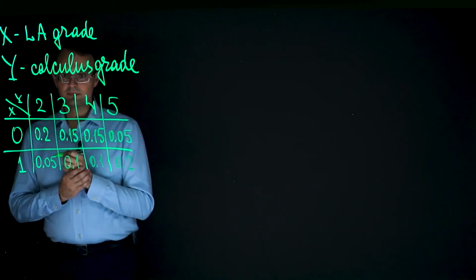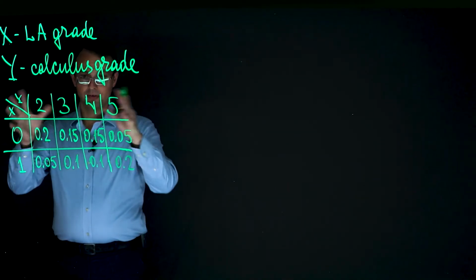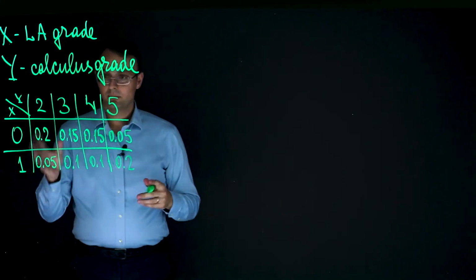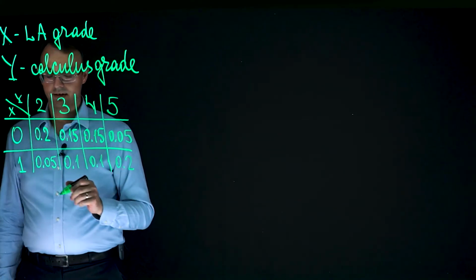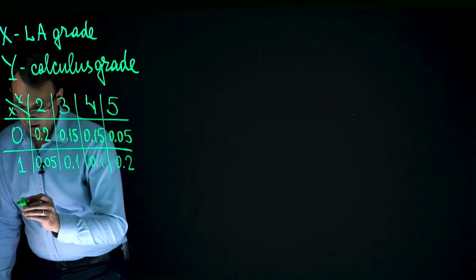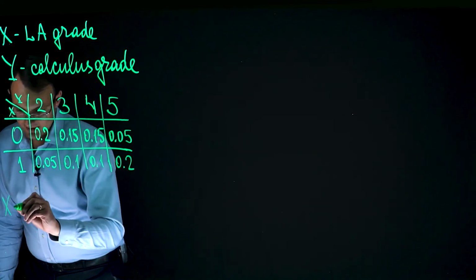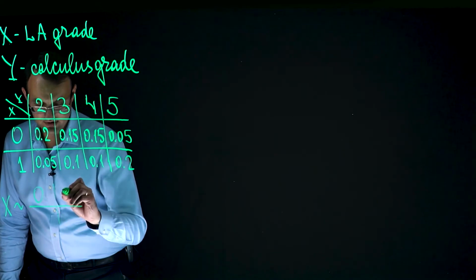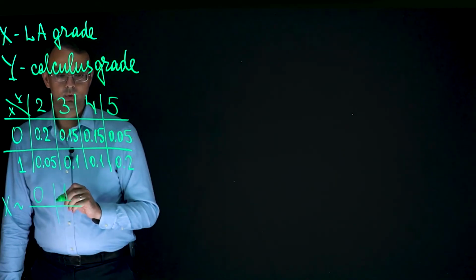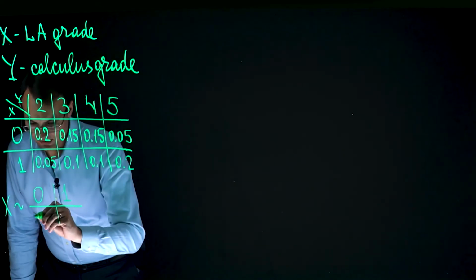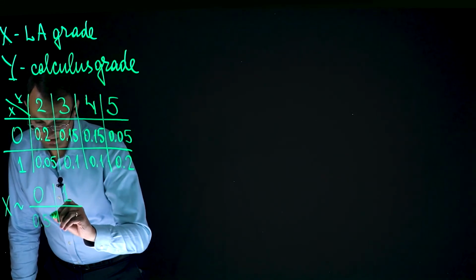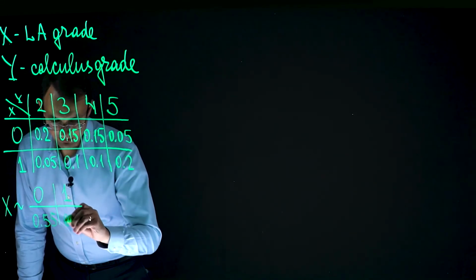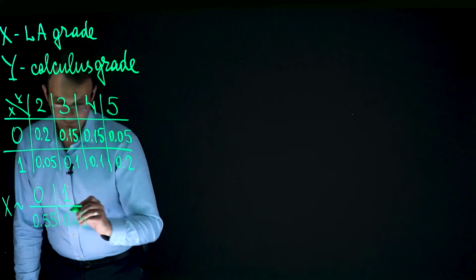So, using this table, we can find the marginal distributions of x and y. We have done this already. So x is distributed as follows. It is 0 with probability 0.55 and 1 with probability 0.45.